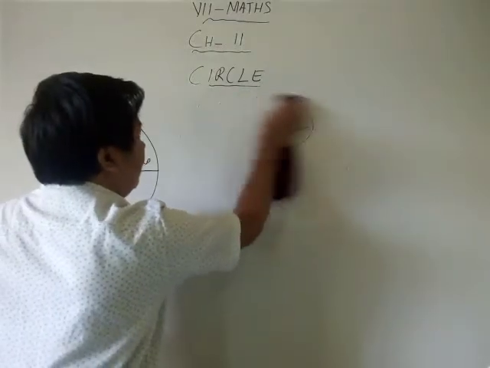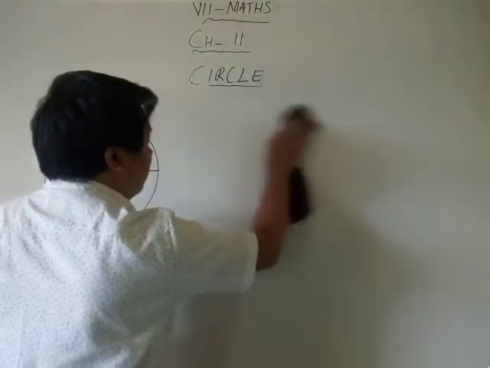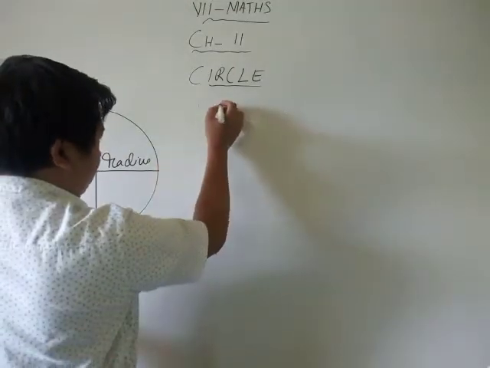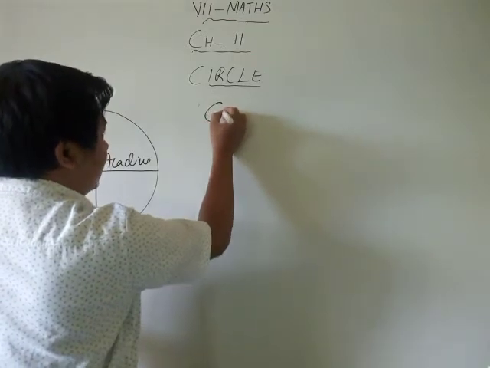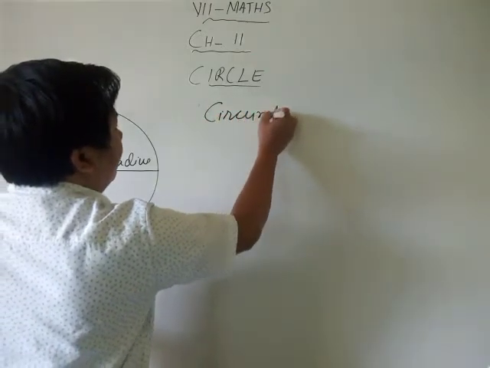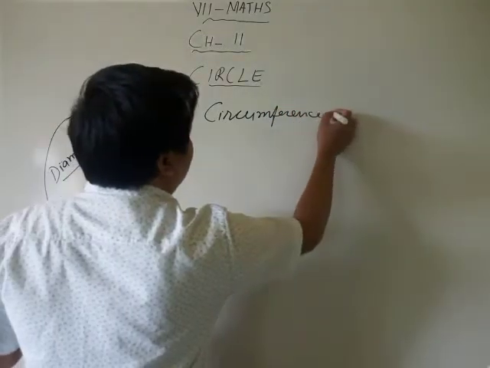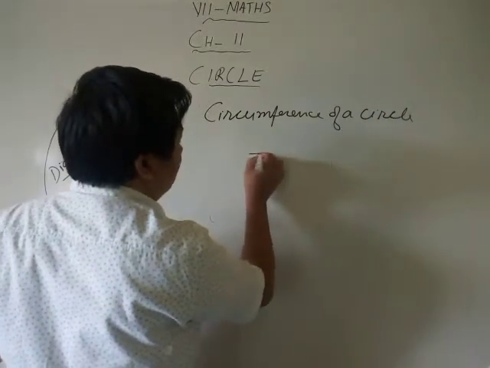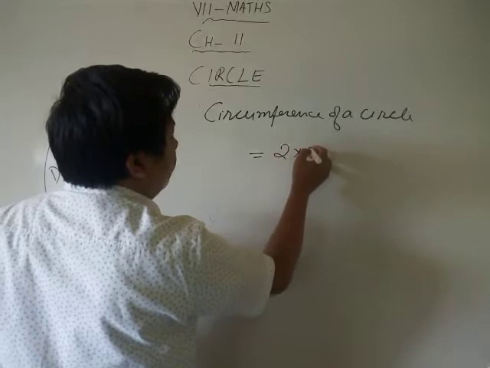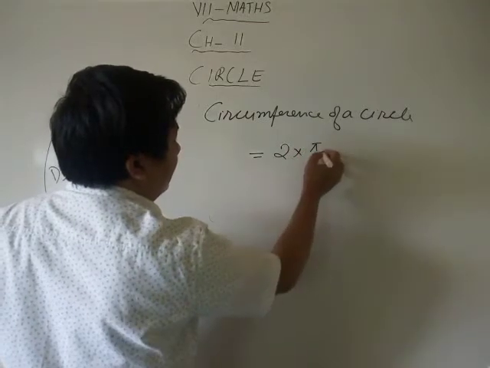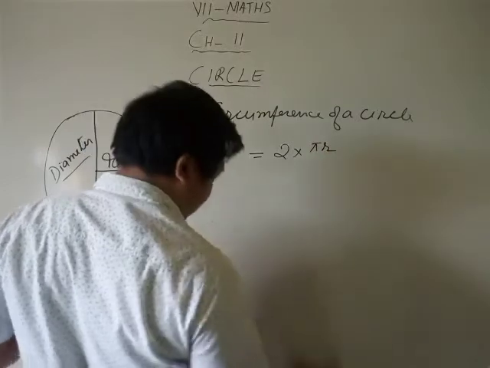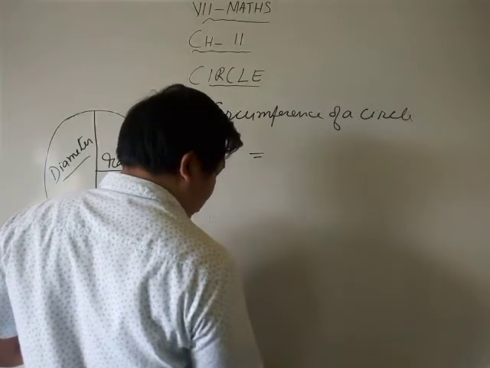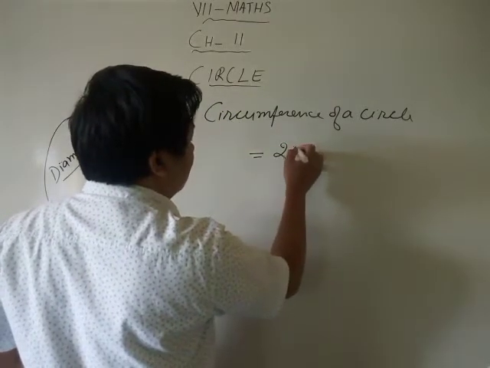To find the circumference of the circle, we follow one equation: the circumference of a circle is equal to 2 pi r, or you can write this as twice pi r.